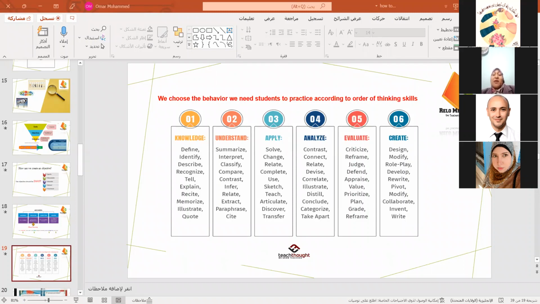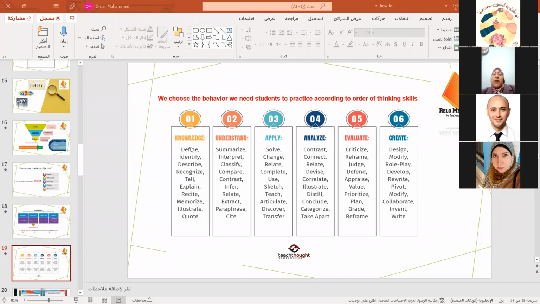So how many levels do we have in Bloom's taxonomy? Six or eight, I'm not sure. Yes, six. The lower levels and the higher levels, beginning with knowledge, and sometimes it is called remember. So they refer to it as remember or knowledge.